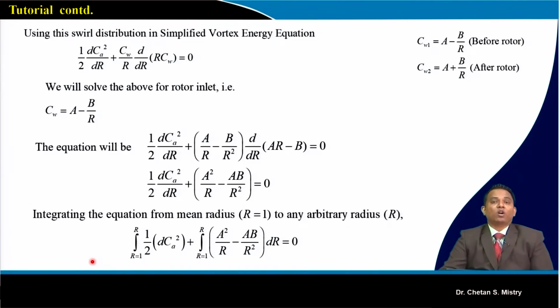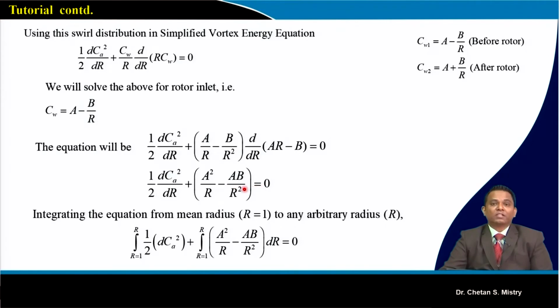Now based on our vortex energy equation, if we put this equation where I write Cw as A minus B by R, at the entry this gives me the variation of axial velocity.